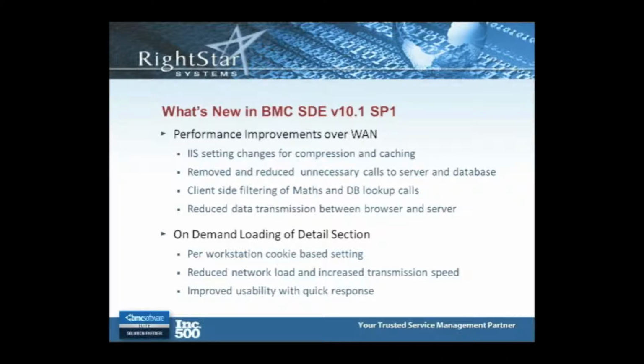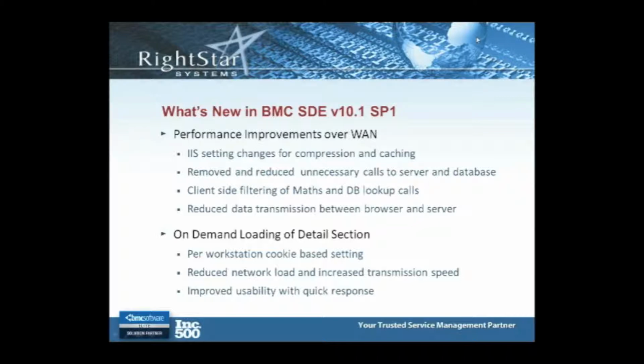Again, in terms of the performance improvements, the IIS setting changes, really we're just, BMC's taking advantage of some of the inherent functionality within IIS, enabling the compression and caching. So again, you should see a dramatic improvement there over a wide area network.